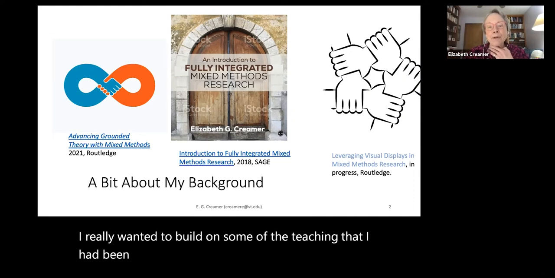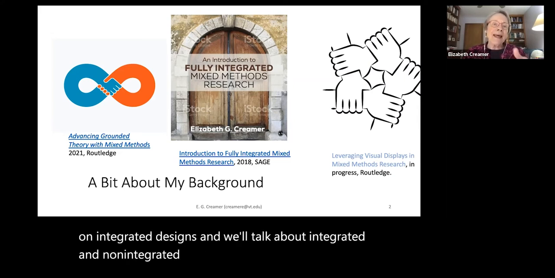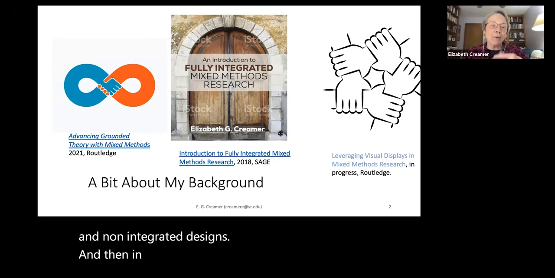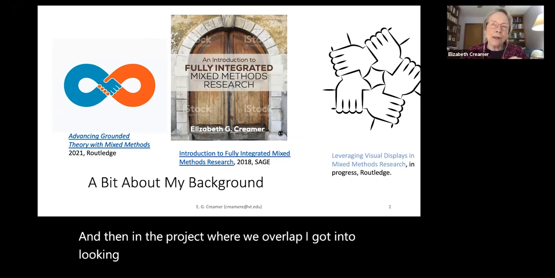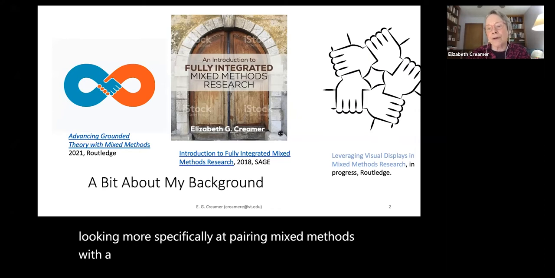So that was my first book that focuses on integrated designs, and we'll talk about integrated and non-integrated designs. And then in the project where we overlap, I got into looking more specifically at pairing mixed methods with a qual methodology like grounded theory.